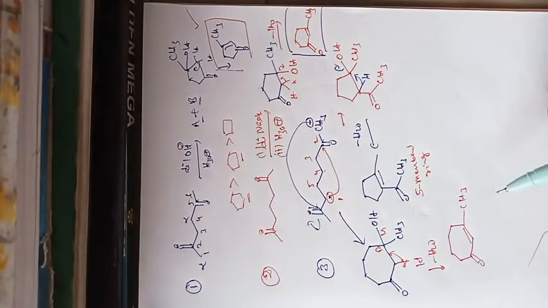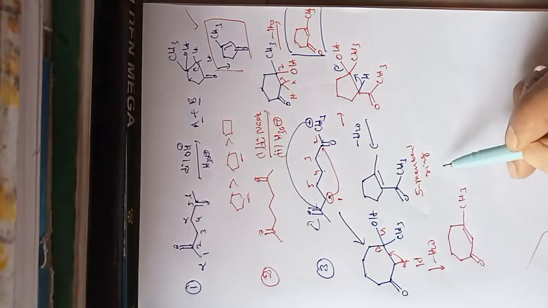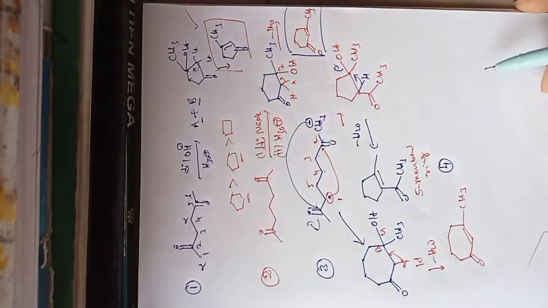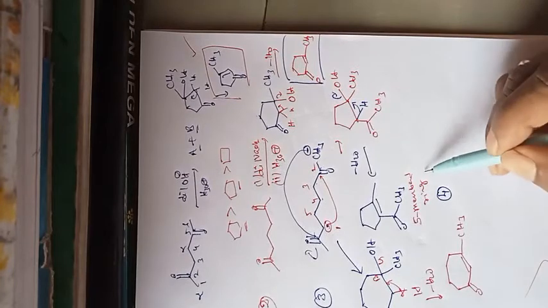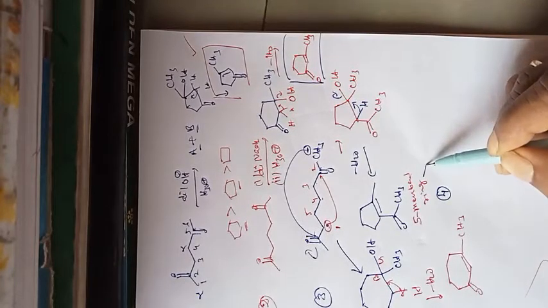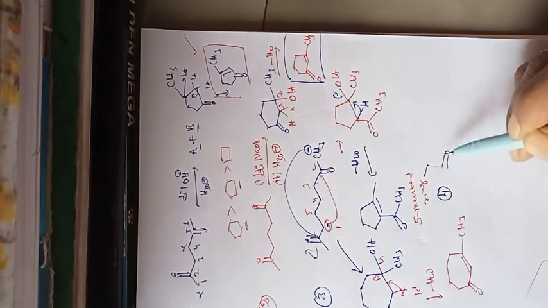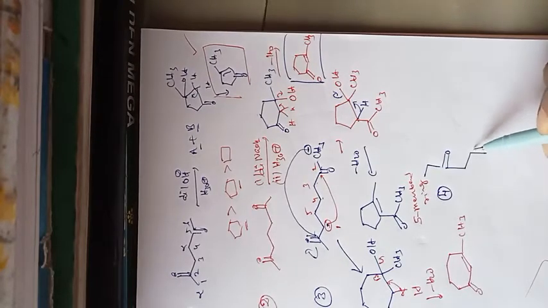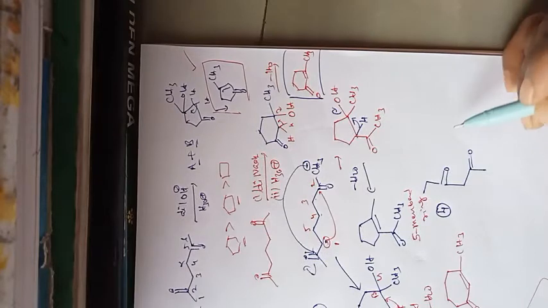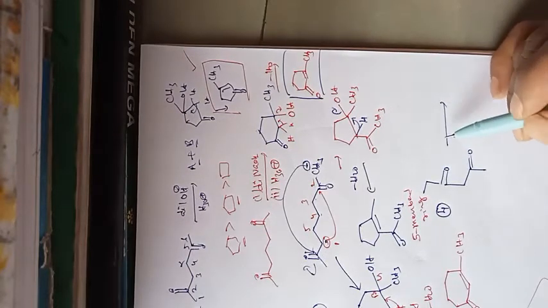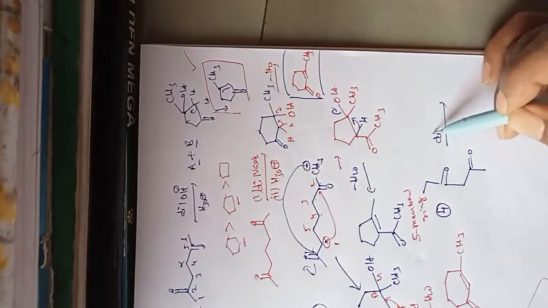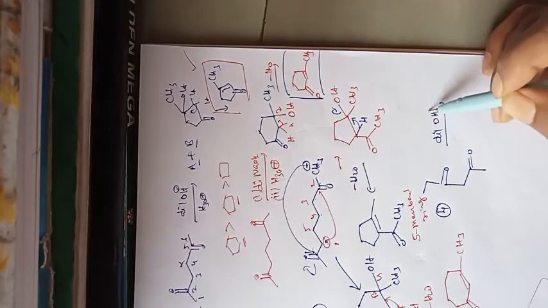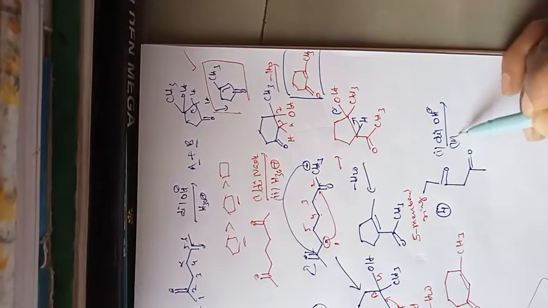And another one, the fourth question, a very important one. For example, C double bond O and CH2 like that is there, in presence of a dilute base followed by H3O plus.